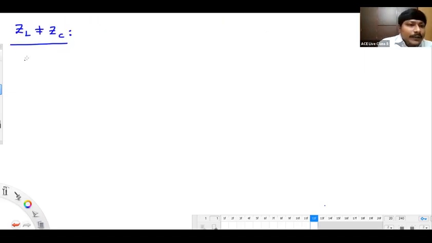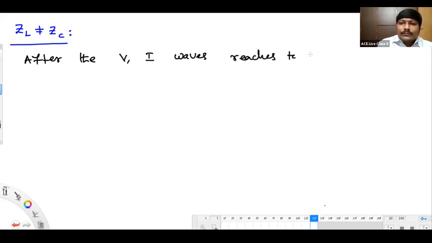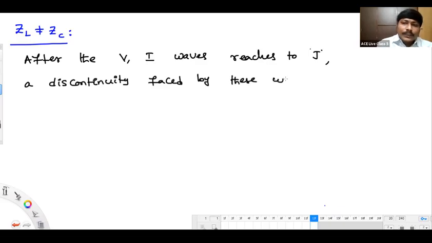Right. So after the V comma I waves reach the junction, a discontinuity is faced by these waves, right?